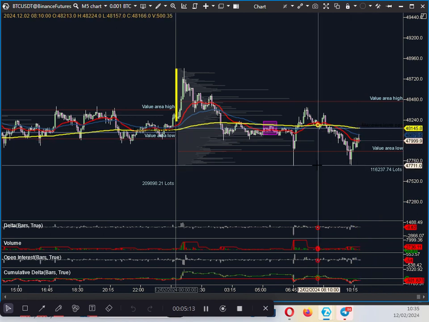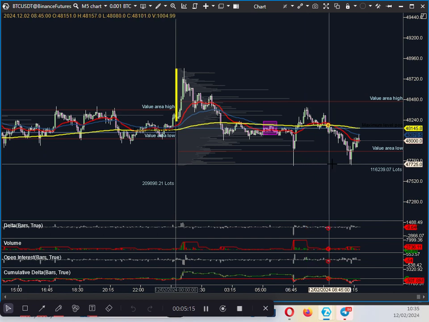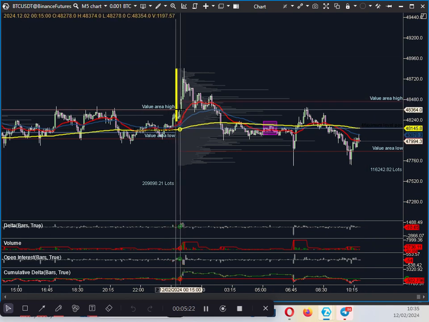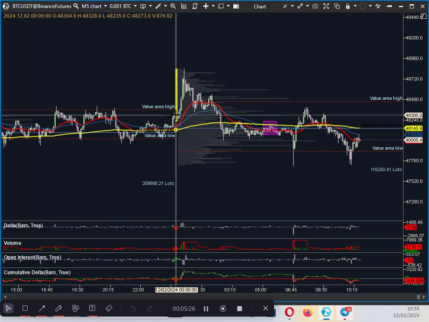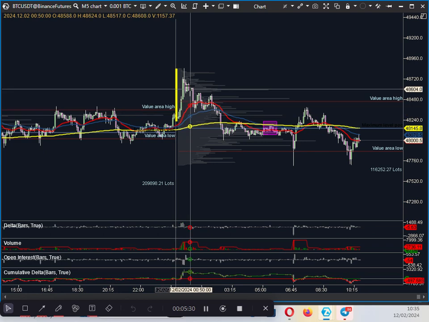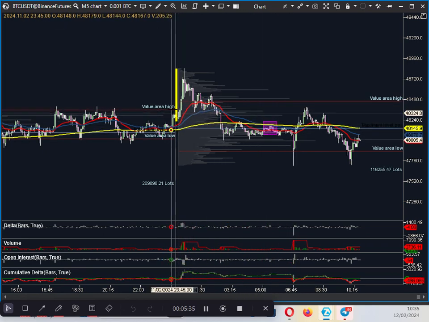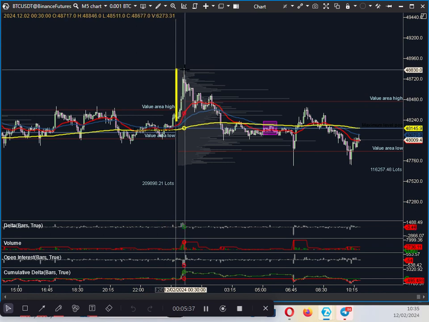Same here, it's popped out of the value area. I'd be taking a long there, aiming for the point of control. Same here as it started trading. I have it from 12 o'clock, that's when my trading day starts. It started to trade inside the value area, then came outside the value area.